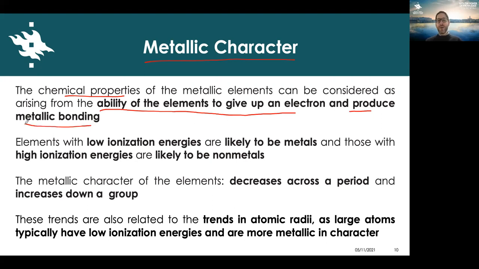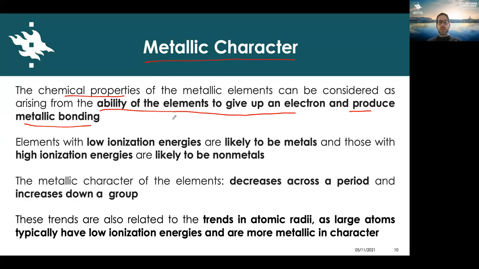So in a metal, we have elements of the same composition, for example, gold, several atoms of gold bonded together. For this bonding to take place, all these atoms have to form chemical bonds among themselves, and this becomes easier when they give up an electron to produce metallic bonding.